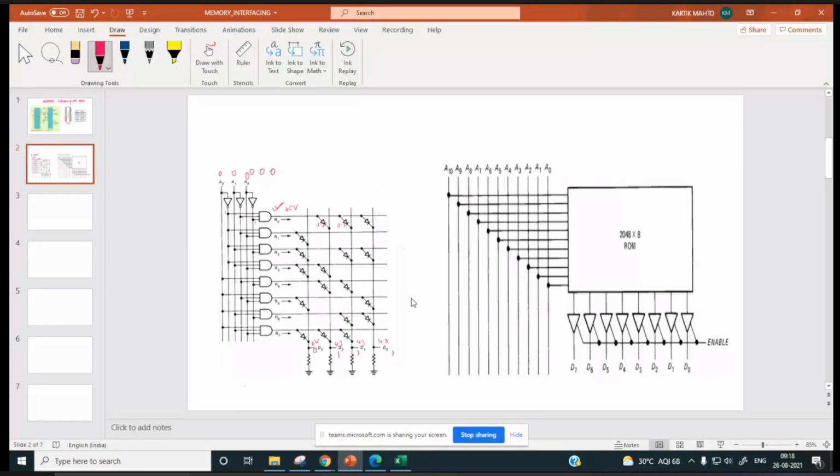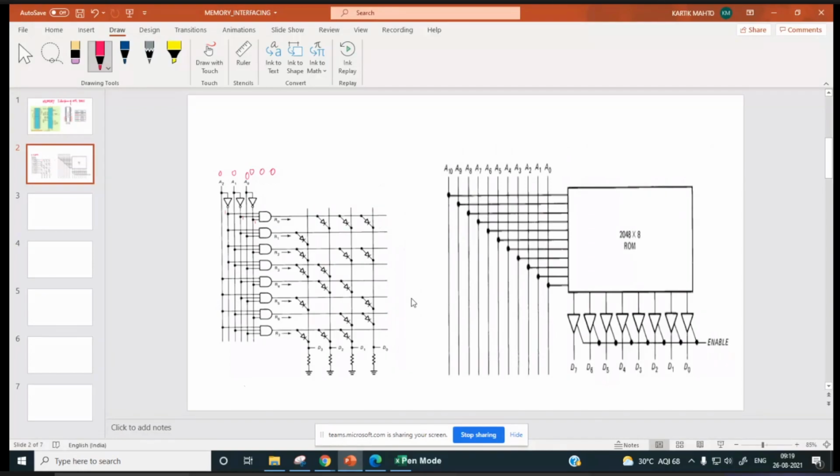We have already said all these things before. This one is an example of storing a nibble in one location. Similarly, we can extend this to more lines, and we can have 8-bit data in one location.